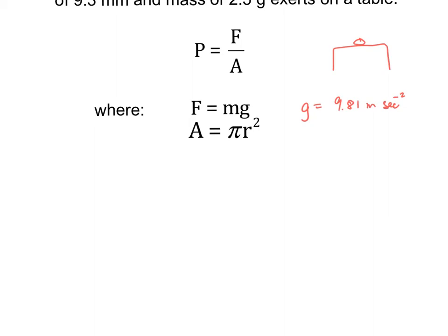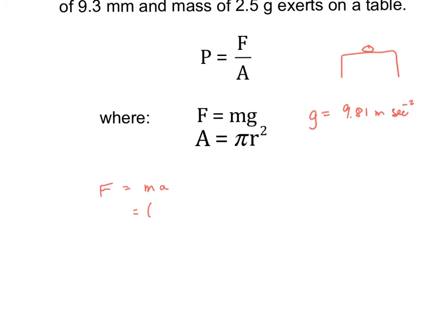First, we can calculate the force, and that is going to be equal to mass times g, or acceleration due to gravity. The mass in kilograms, we got it in grams, 2.5 grams, so this is going to be 0.0025 kilograms, or 2.5 times 10 to the minus 3 kilograms, and then 9.81 meters per second squared.